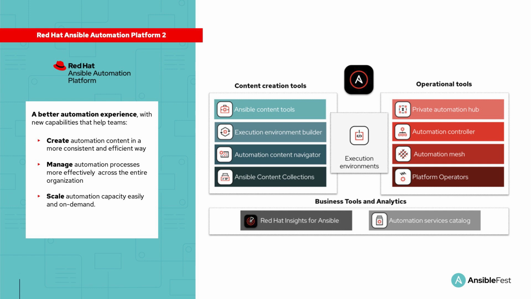We also have Ansible Lint, providing proven practices, patterns, and behaviors to your playbooks, roles, and collections that are being created. We have new ways to create automation content, more effective ways to manage the automation process, and the new AAP architecture, simplified scaling with automation mesh.